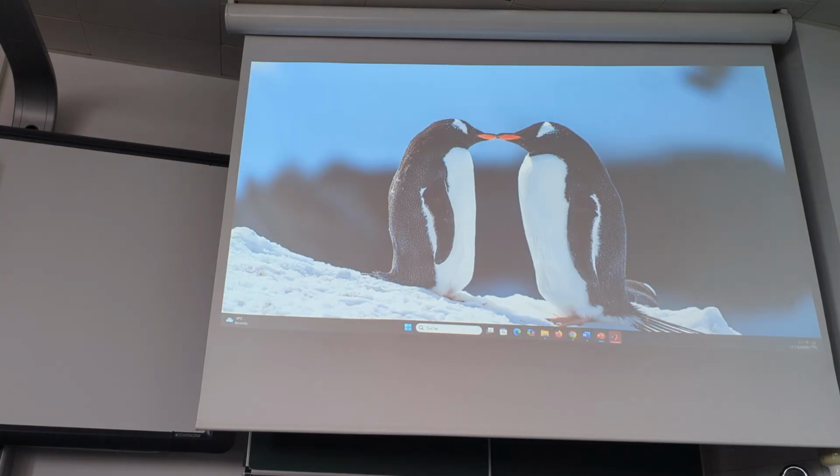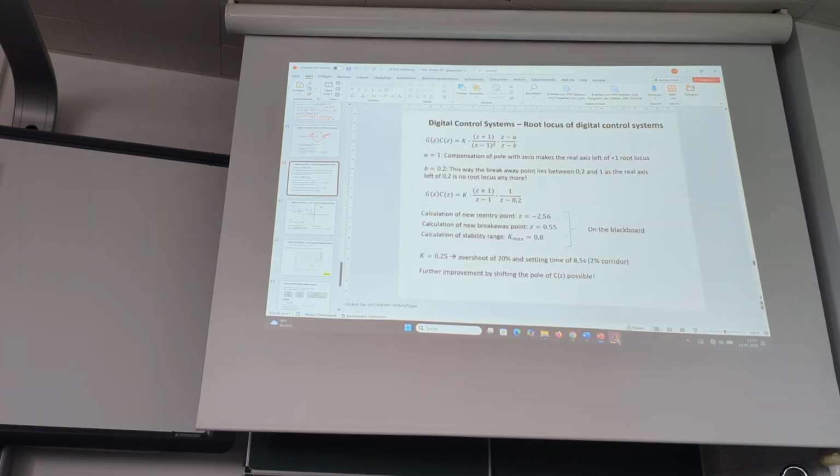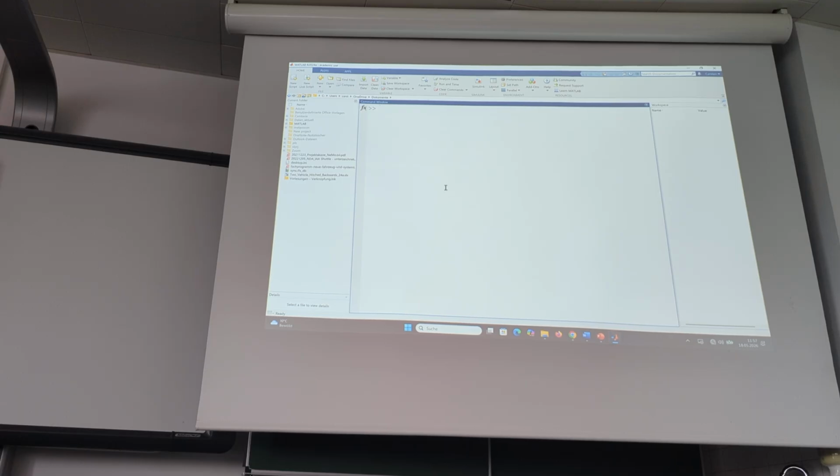So let's show that again in MATLAB, and then we can have a look at some additional aspects.